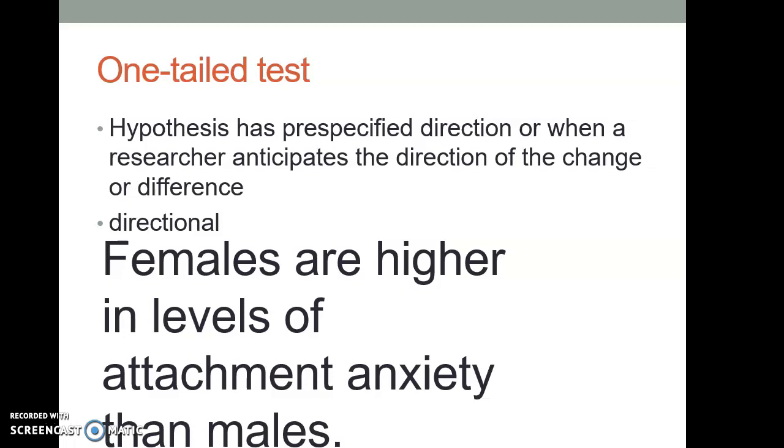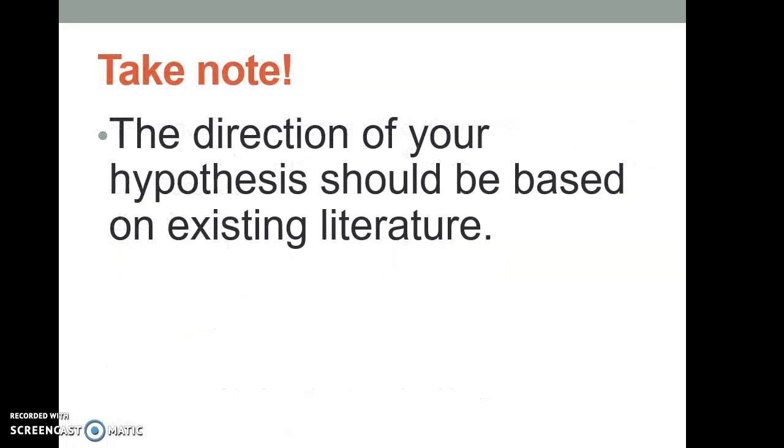However, if the literature says there are still contrasting results, then you do two-tailed tests. In other words, the literature dictates whether your hypothesis is one-tailed or two-tailed. So please take note of that.